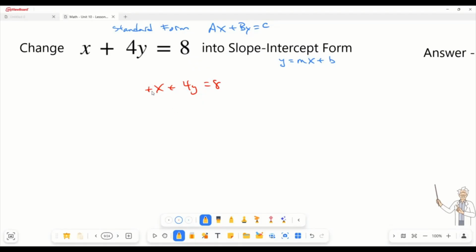So I'm going to subtract X and subtract X. These add out. That's why I did it. We're left with 4Y. Then over here, we write the X term first, negative X plus 8.